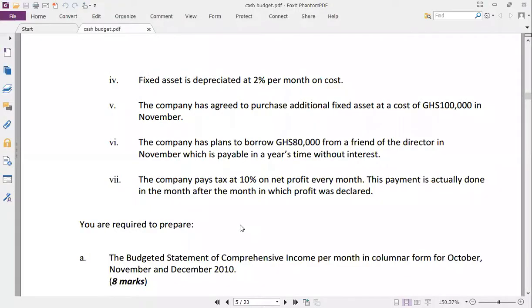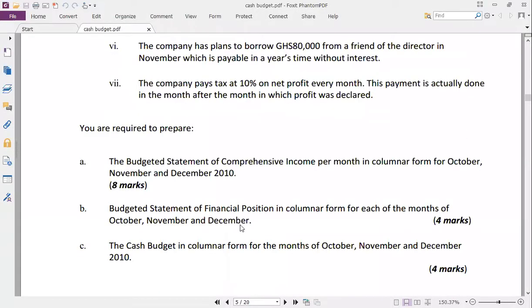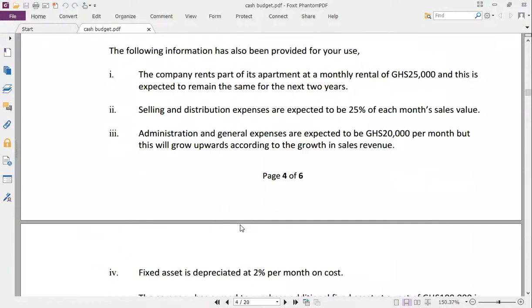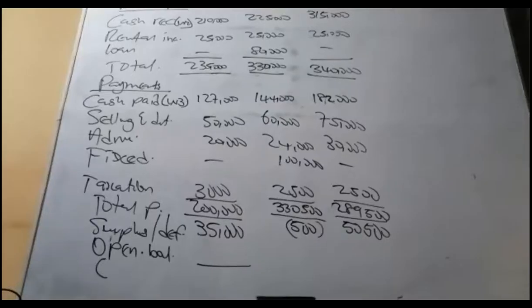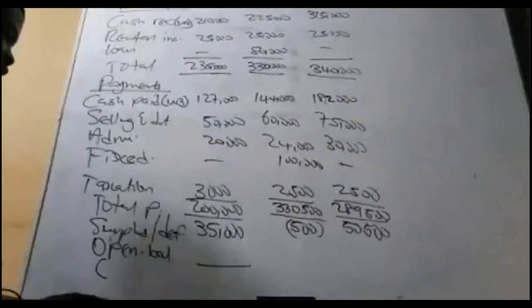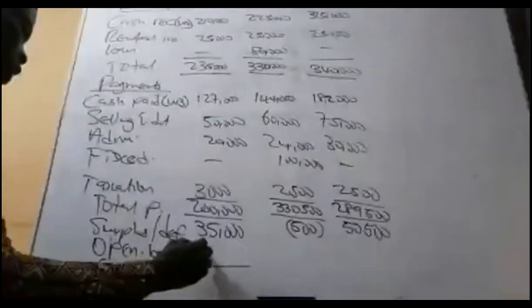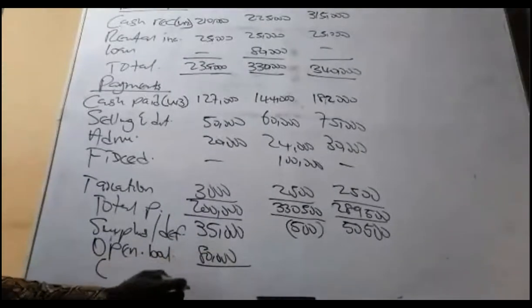So you go and pick that of September. September cash balance is what? Cash expected balance is 80,000. So I'll put 80,000 here.